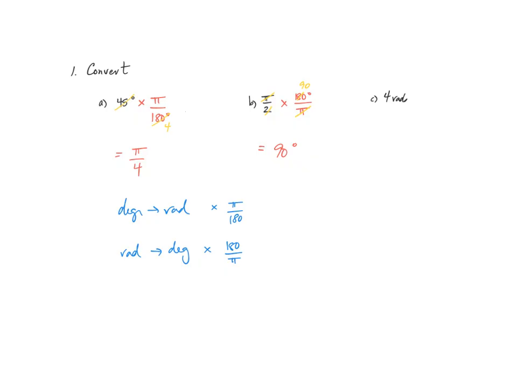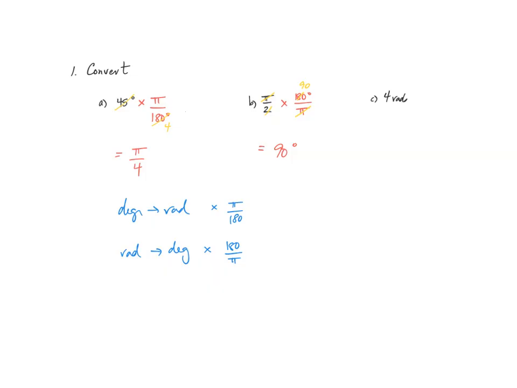And so if we now jumped in and took a look at C, I gave you a measurement of 4 rads. We need to turn that into degrees. Well, the first thing you'll notice is there is no pi in there, which means that that 4 rads is actually an approximate value. And so what I'm going to do then is convert that into an approximate number of degrees.